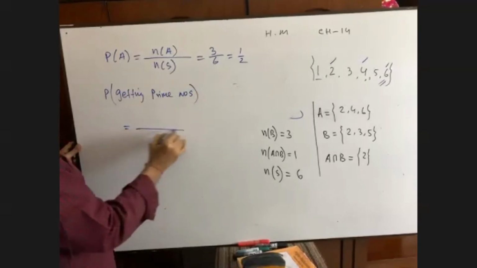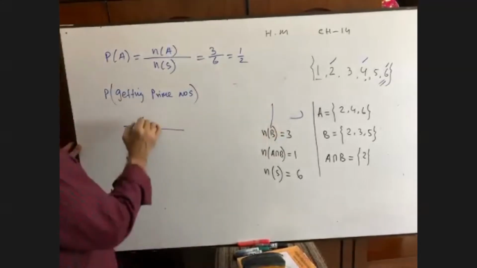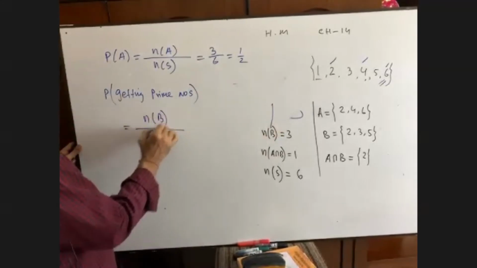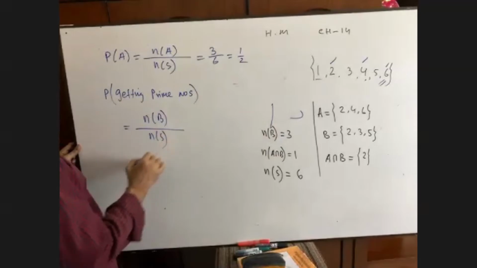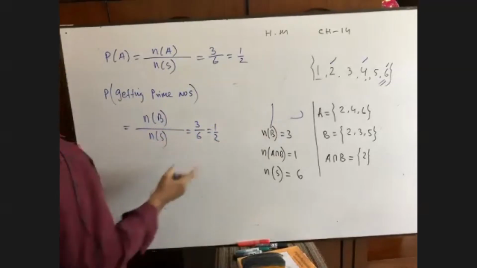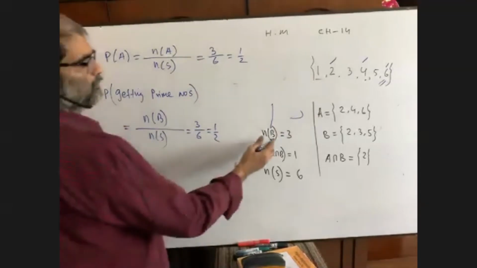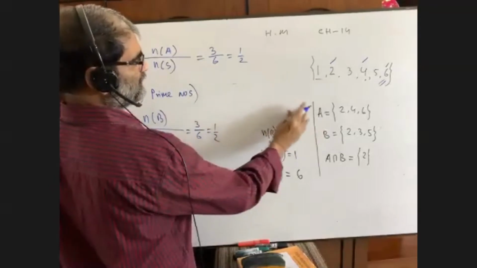It means, suppose it is considered as B, number of B by number of S. It is 3 by 6. But up to the previous math, you did it just orally, that this is the answer, right?